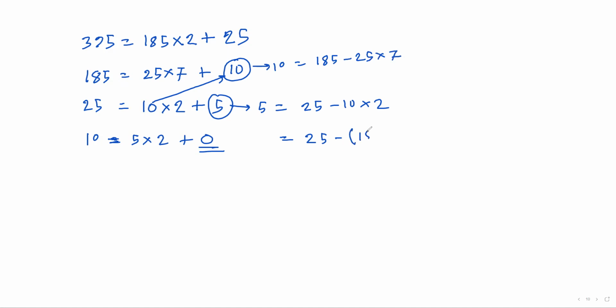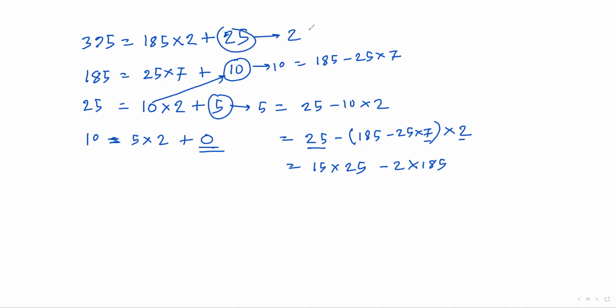So 185 minus 25 times 7, overall twice. So we have a 25 here, and 7 times 2 is 14. Two minuses make it plus. So 14, and we have 15 25s and 2 185s.